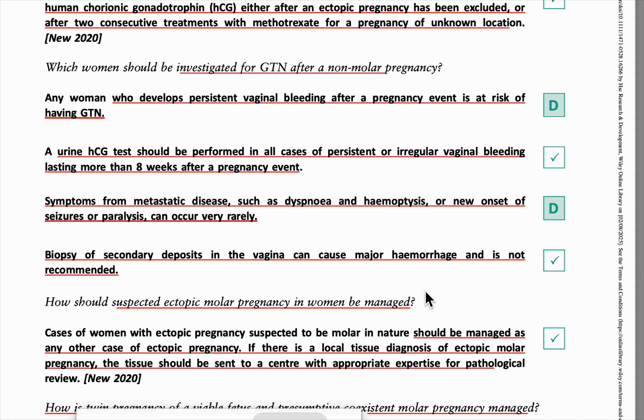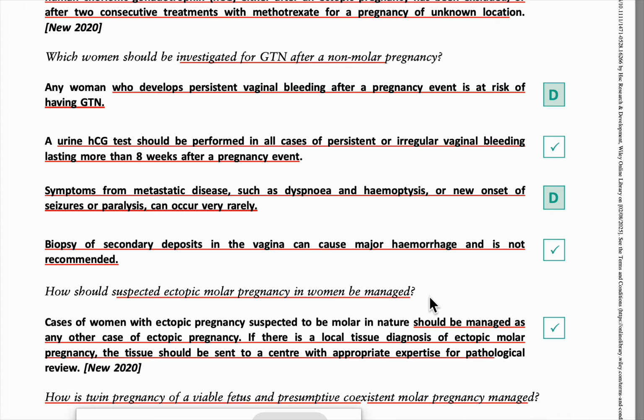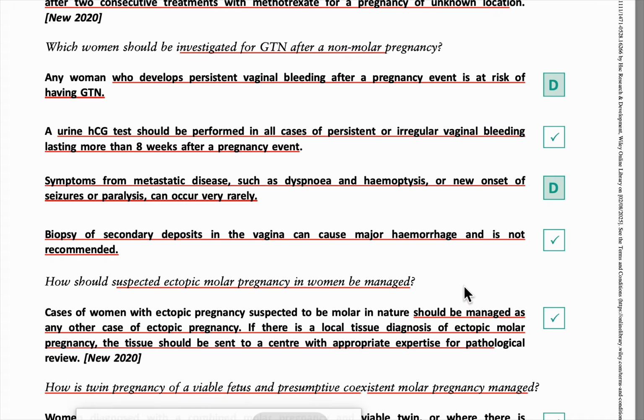Now the other very important MCQs: they are going to give you different scenarios. He says we manage the case like other cases. If we find that along with the GTN she is having an ectopic pregnancy, how are we going to manage it? We will refer her to the center.